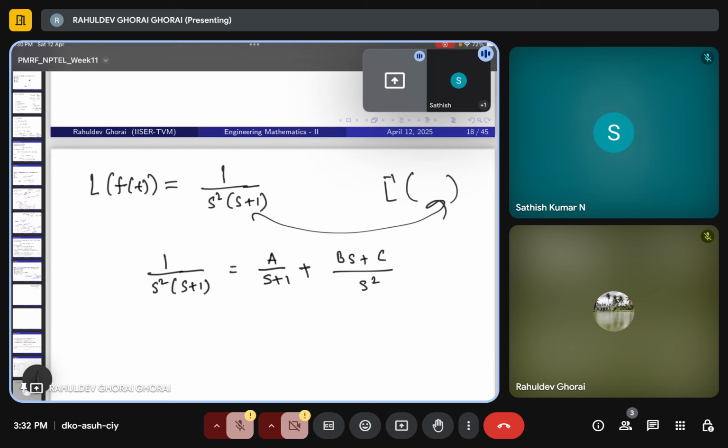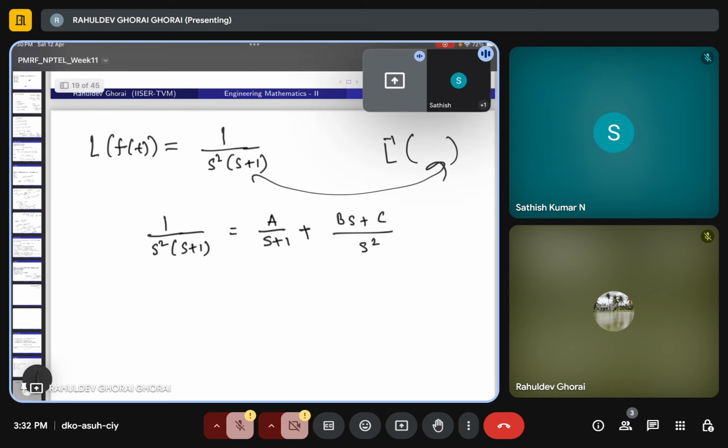We usually do it like this: as the s plus 1 term is of order 1, we take a over s plus 1, which is of order 0, and s square is of order 2, so we take bs plus c, which is of order 1, right?